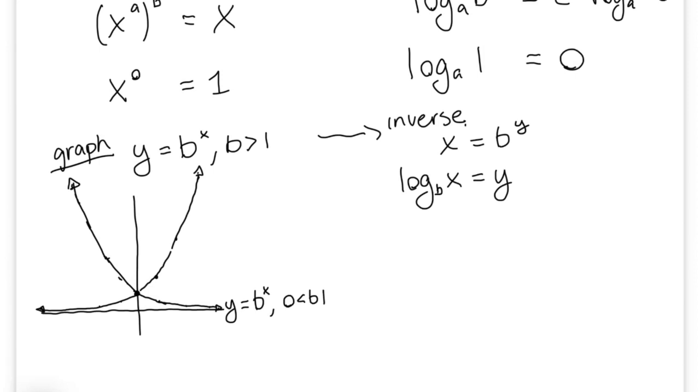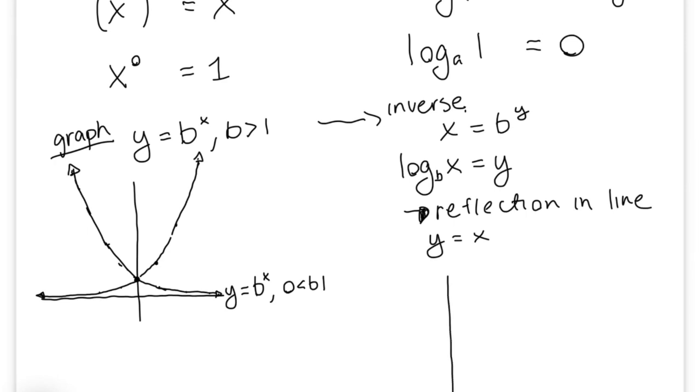Okay, so what does that tell us? It tells us that exponential functions and logarithmic functions are inverses of one another, and therefore when we graph them, we're actually reflecting in the line y equals x. All we've done is we've switched x and y. Okay, so let's suppose that b is greater than 1. For b greater than 1, well, that is going to correspond to the first graph I drew, right?